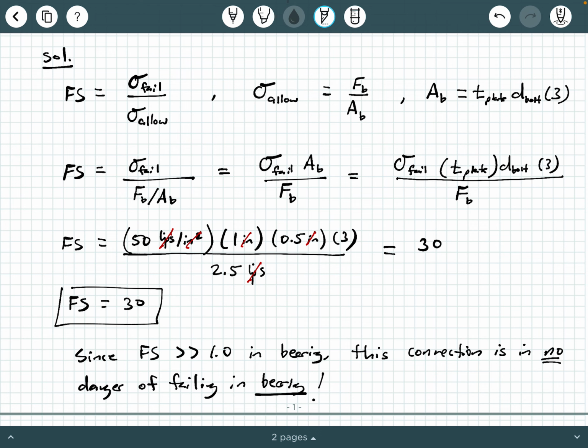This is not meant to be a machine design or a structural design process that you would get in a structural steel design course or a machine design course for either civil or mechanical engineering. This is just meant to be a brief intro to factor of safety and bolt bearing using allowable stress design for the sake of an introductory to mechanics of materials.